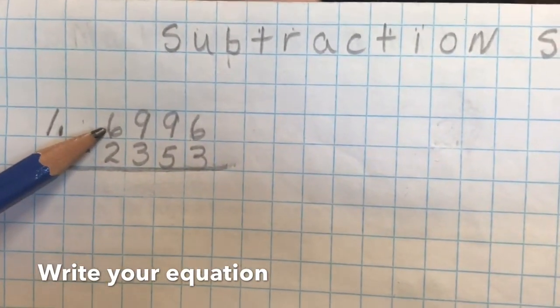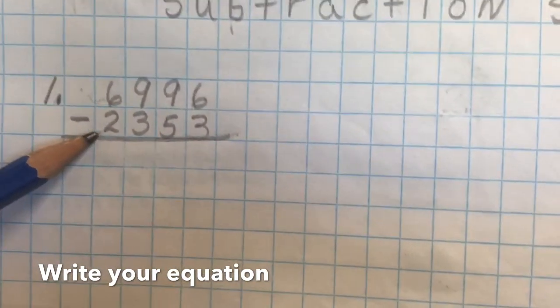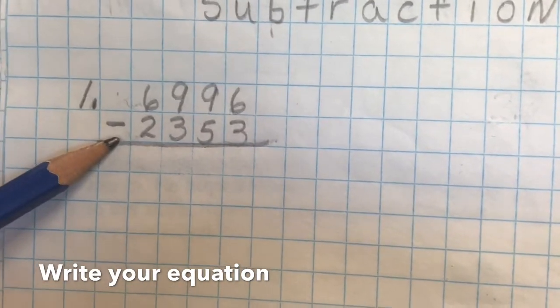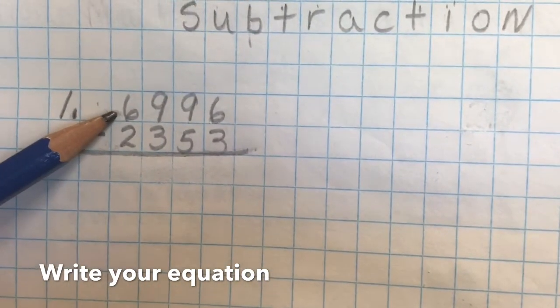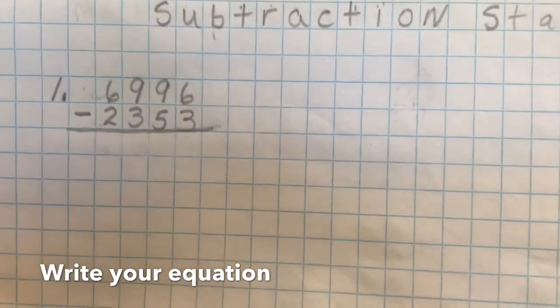Your first number, your subtractand, always has to be bigger than your second number, your minuend. So we're going to start with taking 6,996 out of our stamp game.